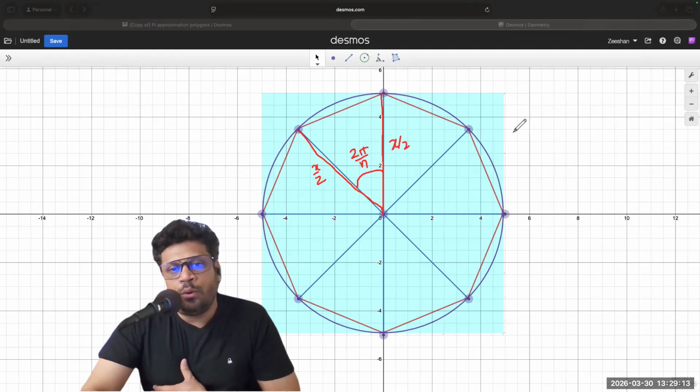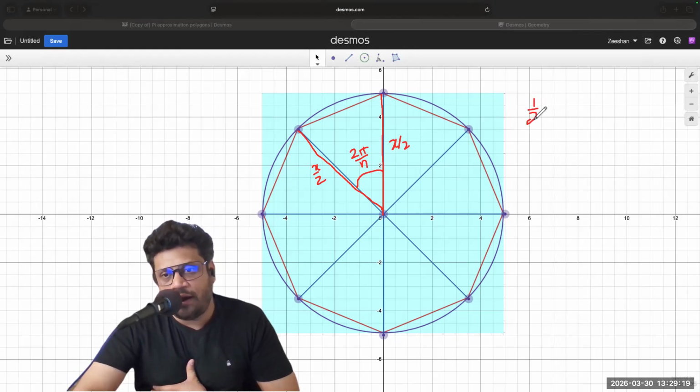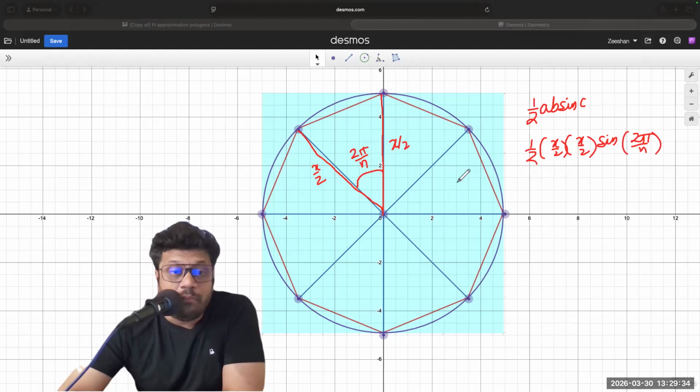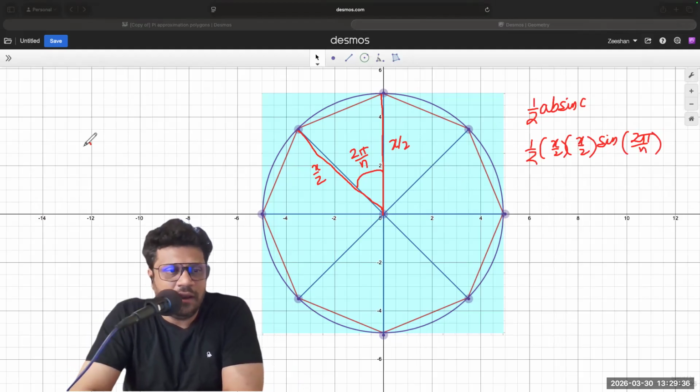Okay, what if somebody wants you to find out the area of this triangle? So you go half ab sine C. So half, one side is x by 2, the other side is x by 2, sine of the angle between the two sides, which is 2 pi divided by n. What will be the compactness of this figure?